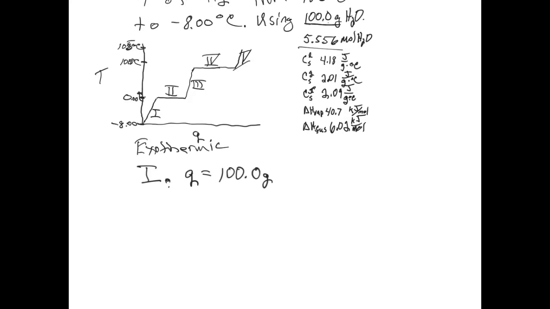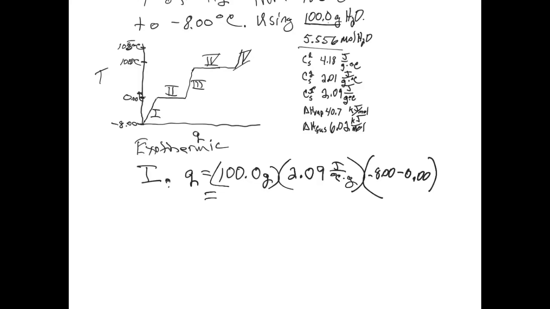So I'm going to multiply it by the heat capacity, 2.09. That's joules per degree Celsius per gram. And I'm going to put my final temperature, which is -8 minus 0. And then you'll calculate, you'll get whatever you get. And it should be a negative number.